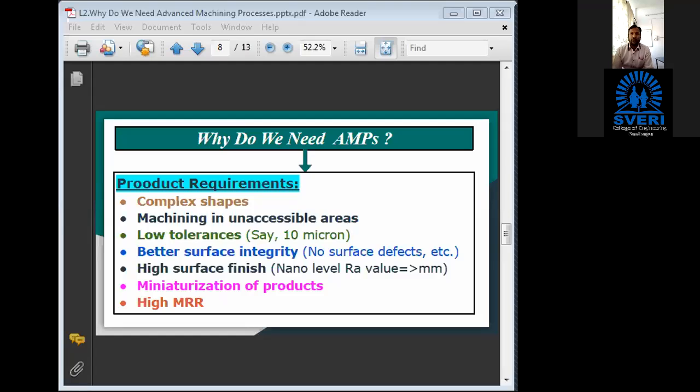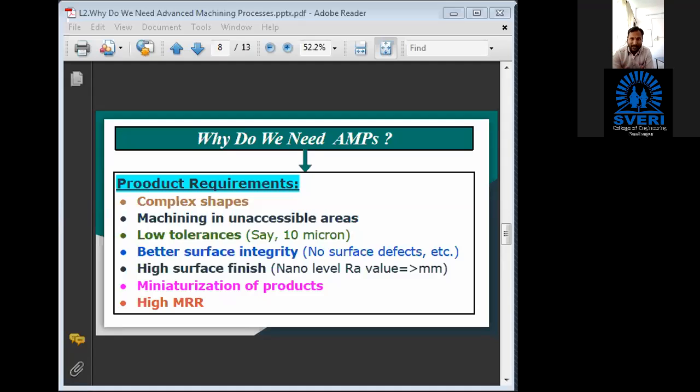You can see, in the older days, and even today, we use landline phones, which are much bigger in size compared to today's mobile phones. These mobile phones have much more capabilities than landline phones.